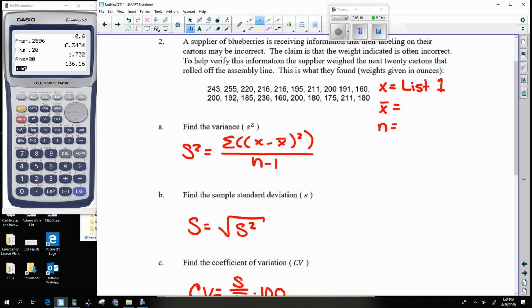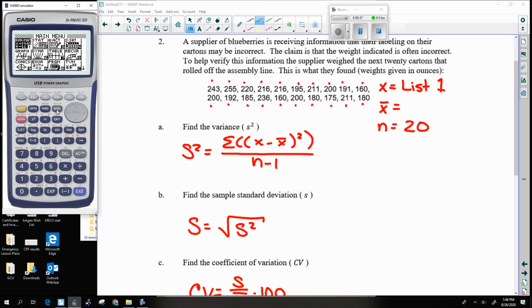So I can quickly take a look here, and I see that there's 1, 2, 3, 4, 5, 6, 7, 8, 9, 10, 11, 12, 13, 14, 15, 16, 17, 18, 19, 20. There's 20 numbers. Now I have to work towards that average. So I'm going to use my calculator, go to my stats, clean out anything that is there, and enter my numbers.